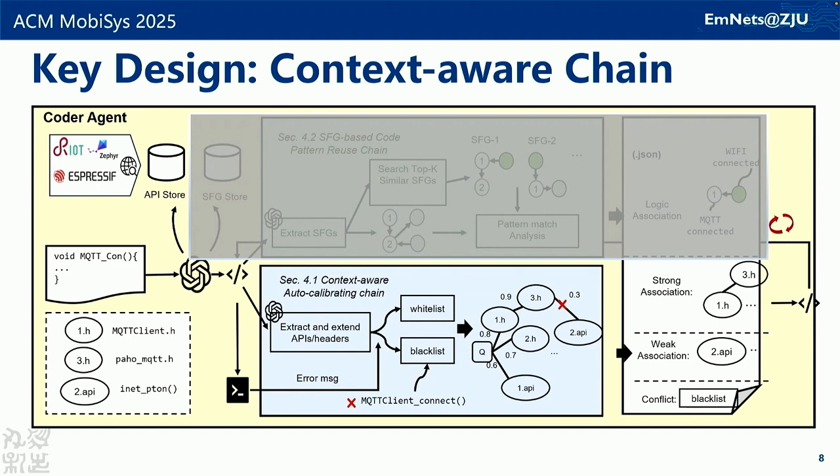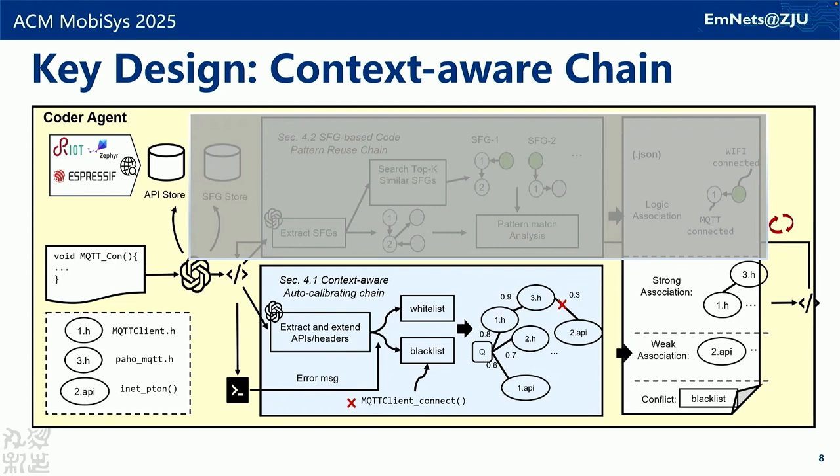In the IoTPilot workflow, apart from the steps mentioned above, one co-design is the introduction of a context-aware chain-based association miner before the LLM outputs. This chain establishes an online context of OS-specific API headers to align API header preference online. This context includes various types of relationships between APIs and headers. First, conflict relationships.